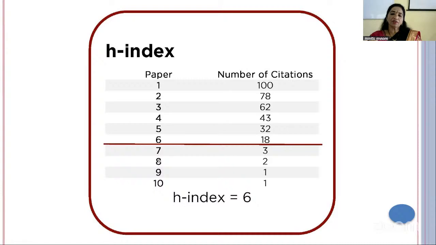After that, papers 7, 8, 9, and 10 have fewer citations: 3, 2, 1, and 1. You can see here that his 6 papers have been cited more than 6 times. Therefore, his H index is 6.